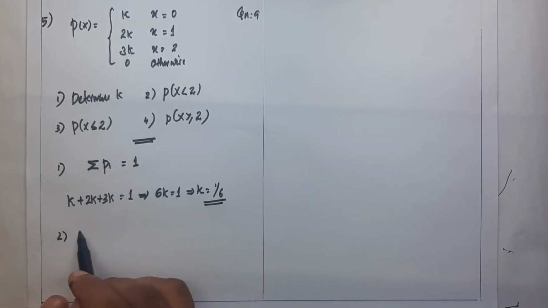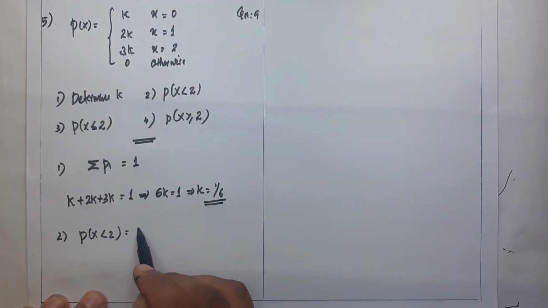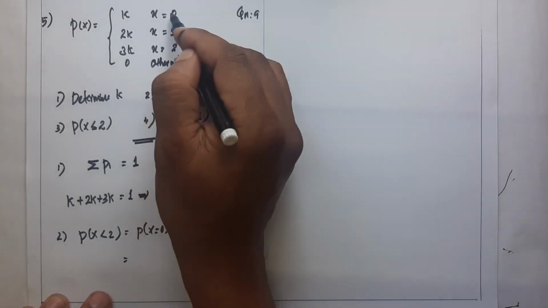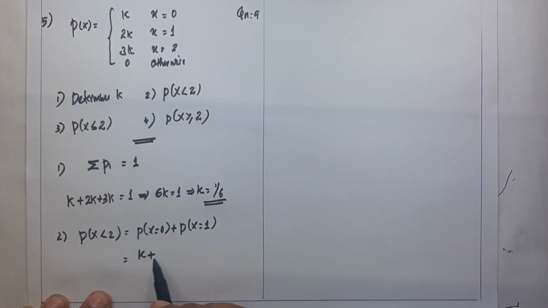Now the second question is P of x less than 2. X less than 2 means we find P of x equal to 0 and P of x is equal to 1. X equal to 0 corresponding probability is k, 1 corresponding to 2k, is equal to 3k. K is 1 by 6, that is 3 into 1 by 6, the answer is 1 by 2.